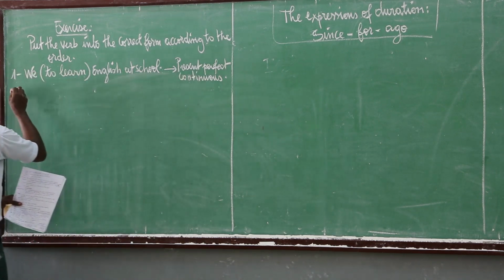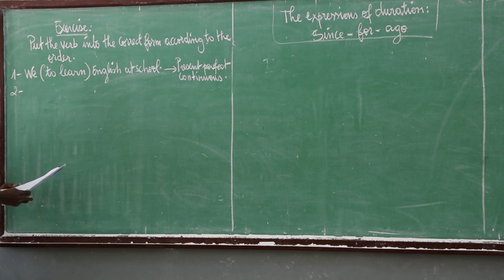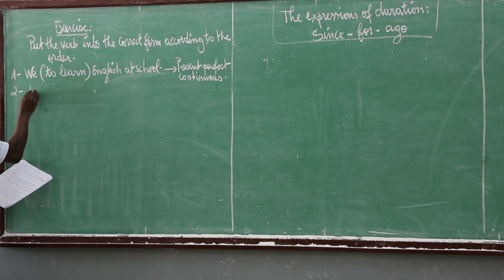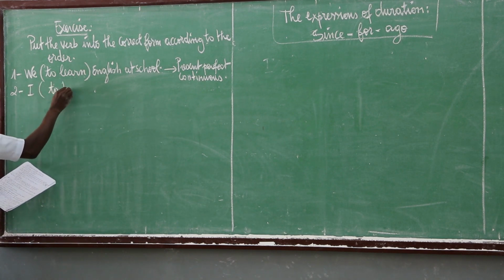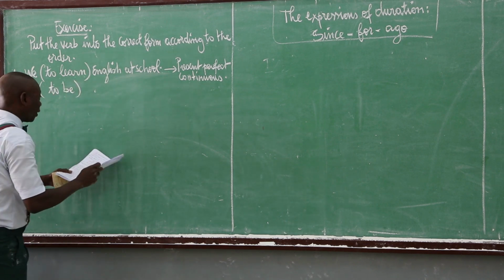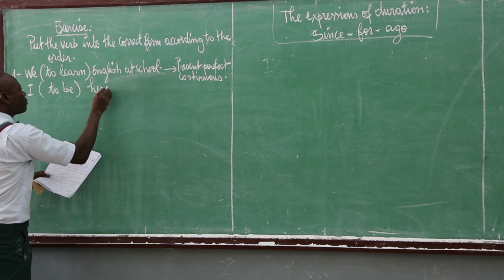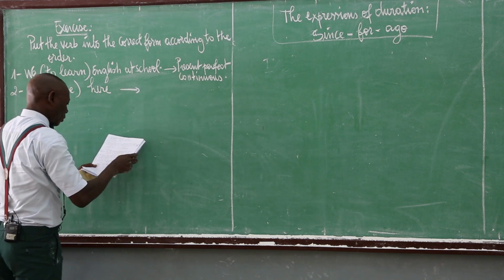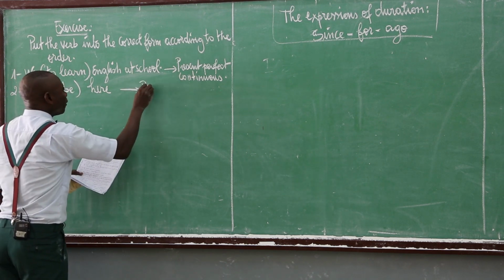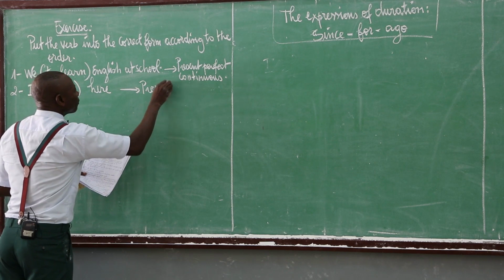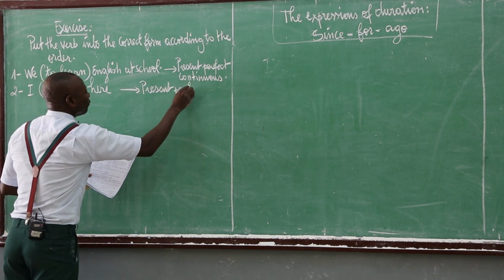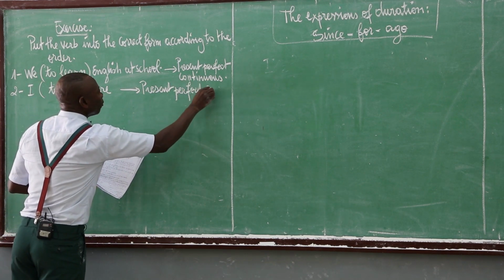The second one is: I to be here. And I give the order present perfect simple.